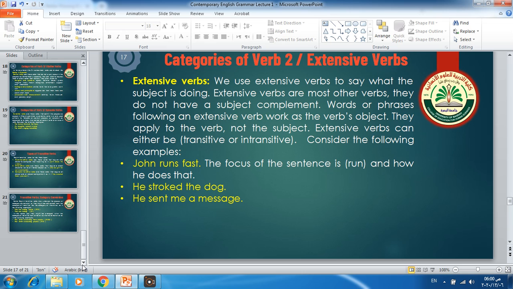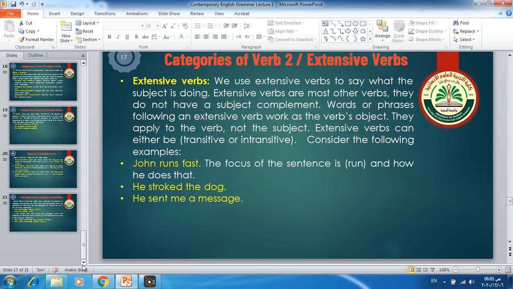However, it is an extensive verb. The focus of the sentence is run and how John does that. So we are interested in the verb, not the subject.